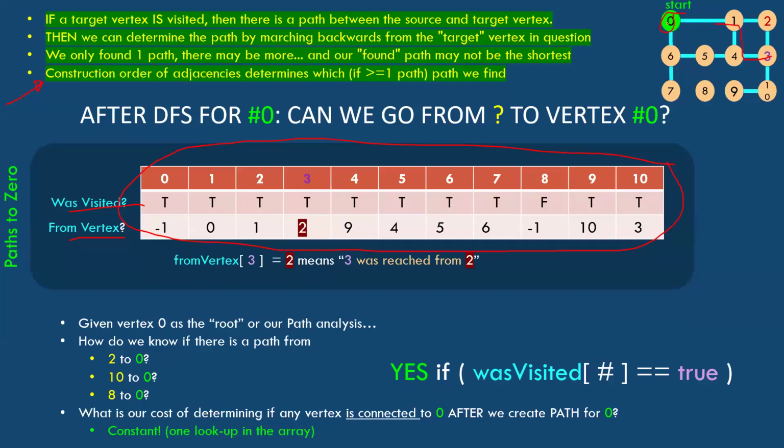Because 3 could go back to 0 this way. It could go back to 0 this way. It could go back to 0 this way. A recursive traversal is going to really only end up picking one path. And the path that it picks is kind of based on the construction order, and it's a little arbitrary. But it's not wrong. It's just one of the possible paths.